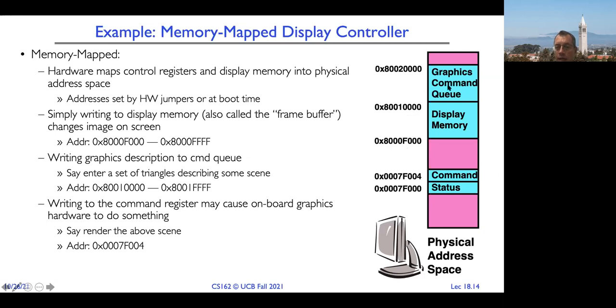In addition to that, you may also have a command queue, because you can provide some commands to the display, for instance, because you may have higher level abstractions rather than just writing and reading individual bits.